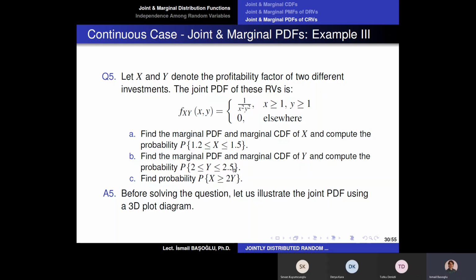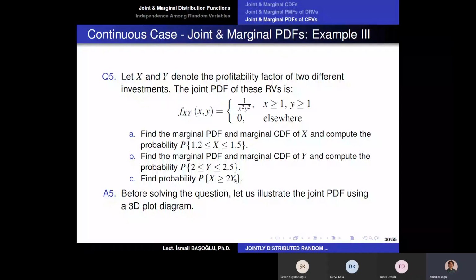And finally, the third part, which is a little tricky this time, we are going to find the probability that the profitability factor of the first investment is at least 2 times larger than the profitability factor of the second investment. So the probability of x being greater than or equal to 2y.